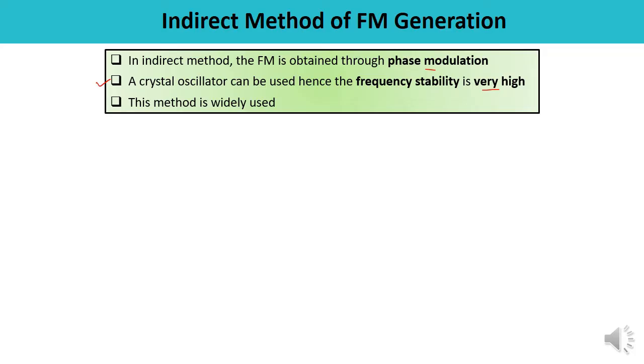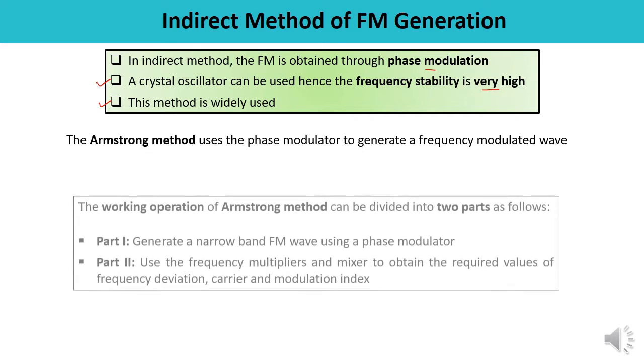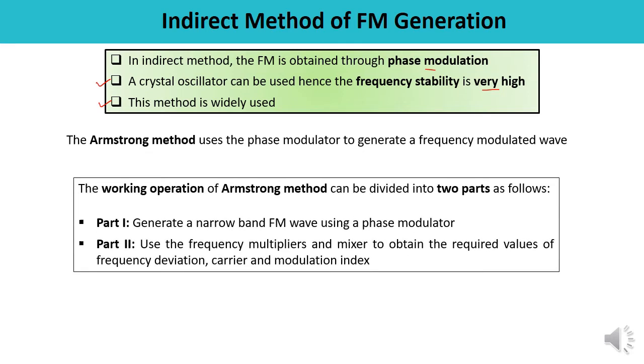The indirect method of FM generation, which is the Armstrong method that we are going to discuss here, is a widely used method. The Armstrong method uses a phase modulator to generate a frequency modulated wave, and its overall working principle can be divided into two parts.